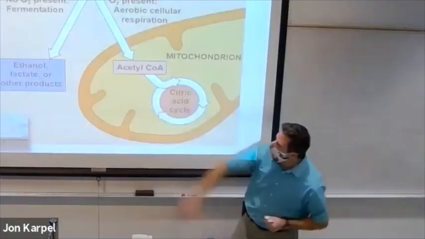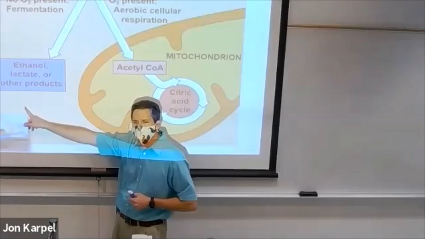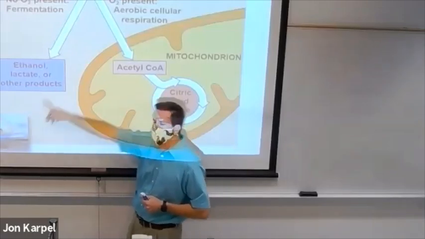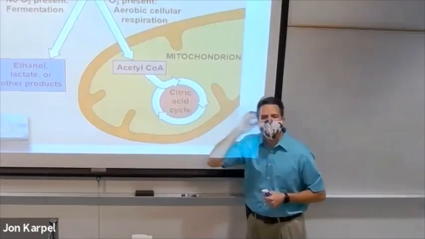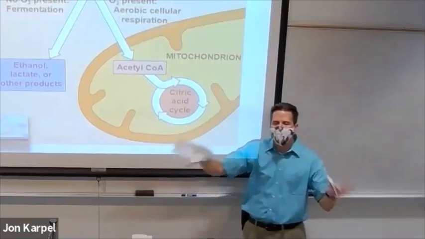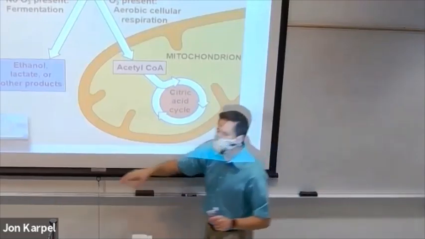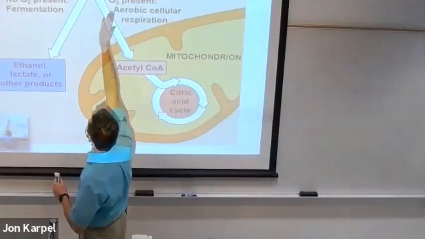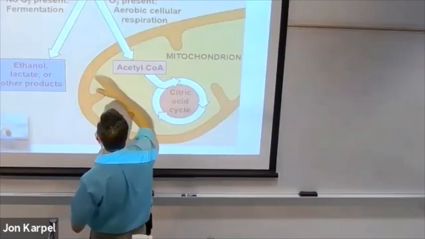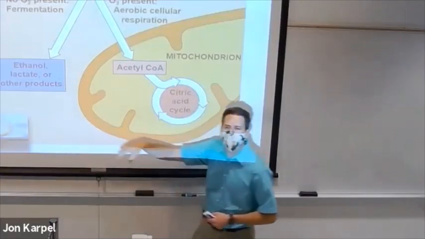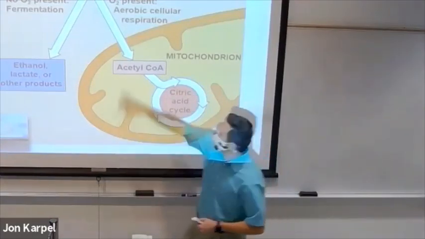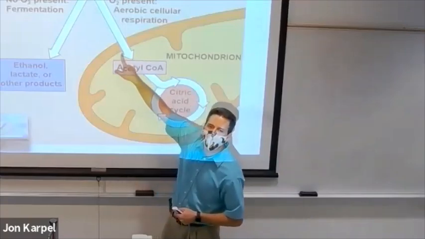So if there is oxygen, then you wouldn't want to go through fermentation. So typically, you're not going to be doing fermentation and aerobic respiration at the same time. So they're two separate pathways. If you want to think about the pathway homework, you either take one path or the other, depending on what enzymes are turned on. And in this case, this pathway is turned off here.